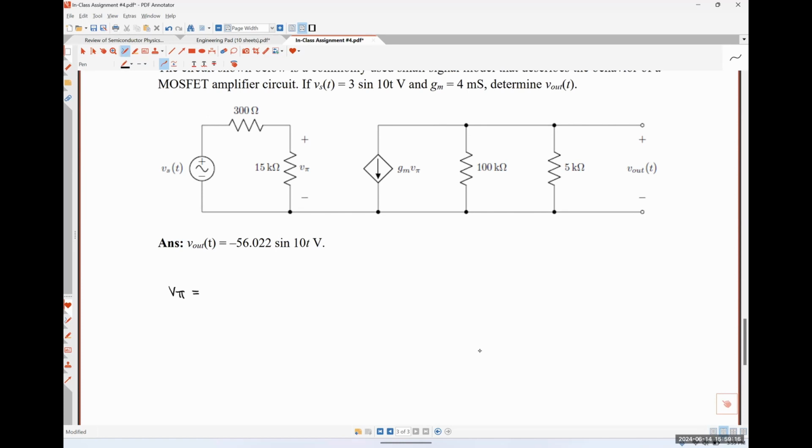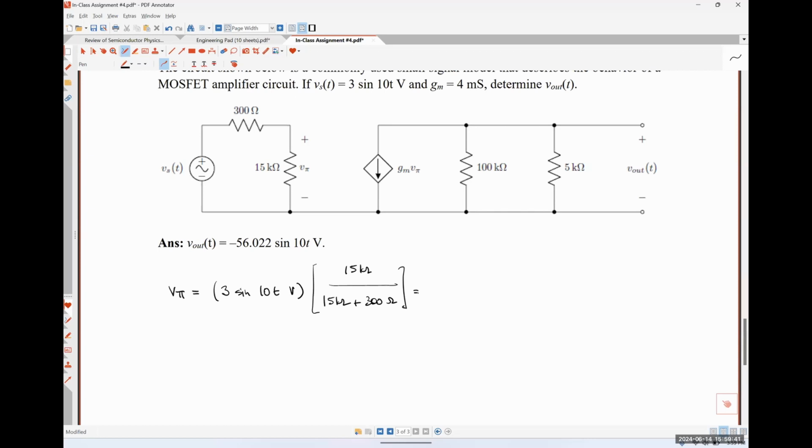So that's going to look like 3 sine 10t volts multiplied by 15 kiloohms over 15 kiloohms plus 300 ohms. You want me to throw that in my calculator really quick?